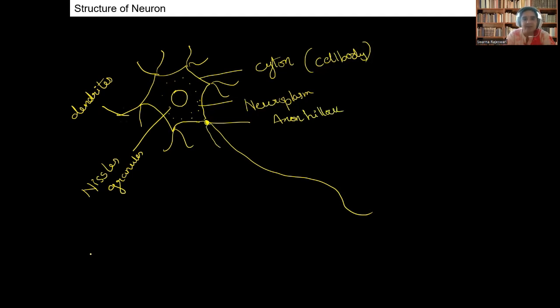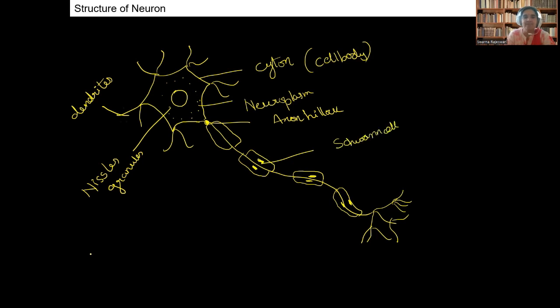And this axon is covered by a sheath which is called as myelin sheath. It is seen in the case of myelinated neurons. The myelin sheath is produced by a cell called Schwann cell.